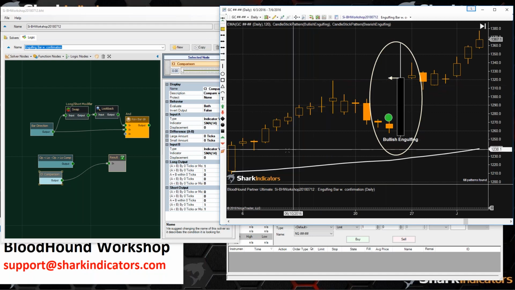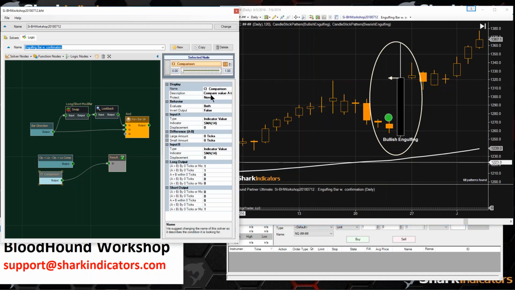It needs to be greater than the high wick. Let's get this name in here. So the close needs to be greater than the high for a bullish, or the close needs to be less than the low for a bearish setup.